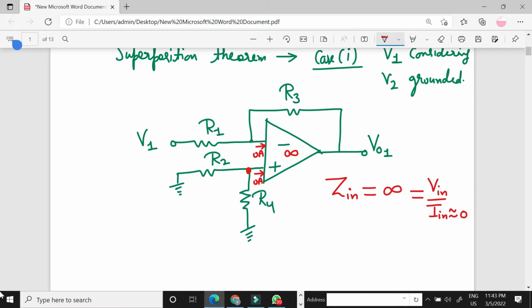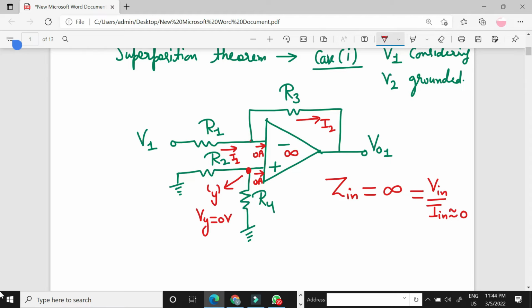Now, this is branch 1, current I1. This is branch 2, current I2. Because this is 0 volt, 0 ampere, and there is no source, suppose this is point Y, Vy must be equal to 0 volt.